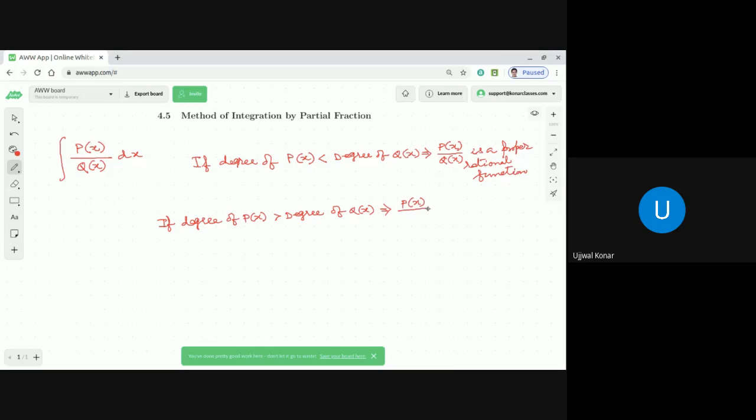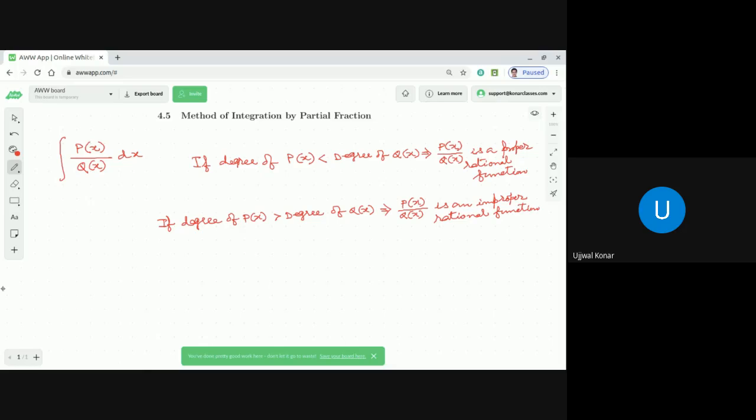These are just terminologies. We should know the terminologies and their actual meaning.